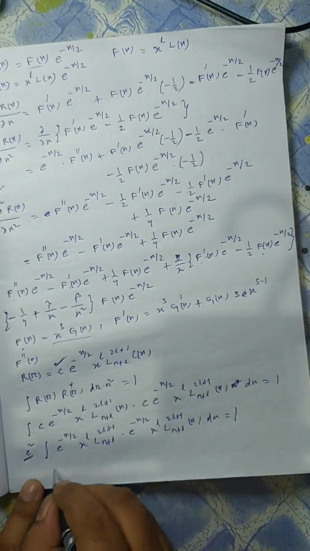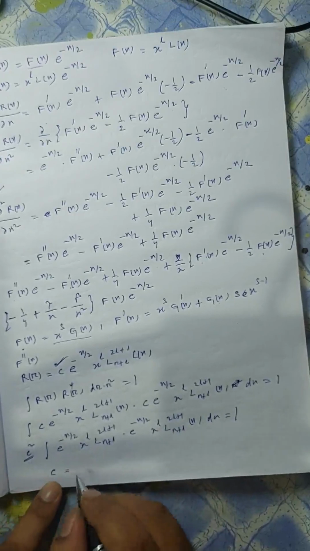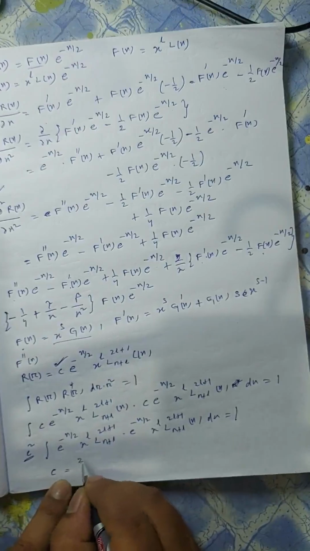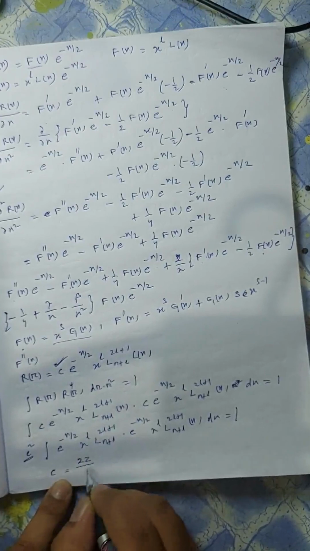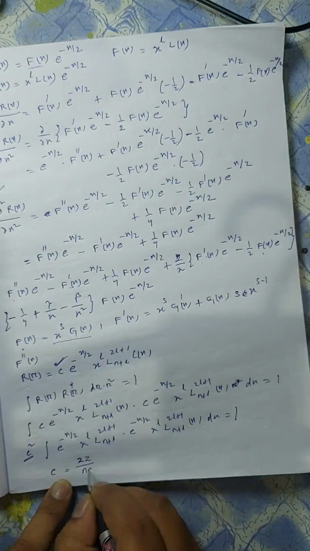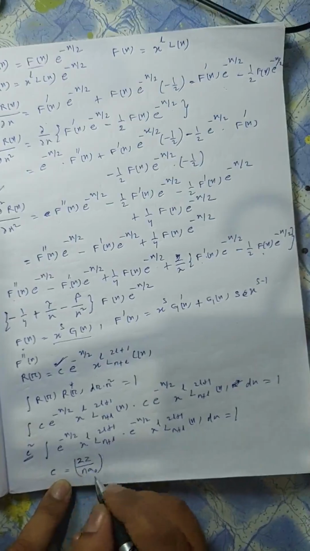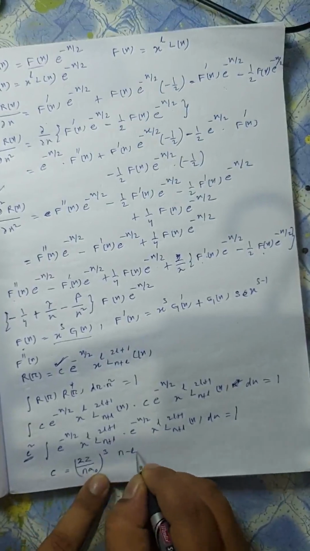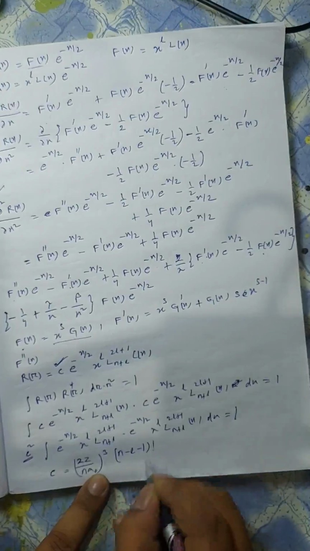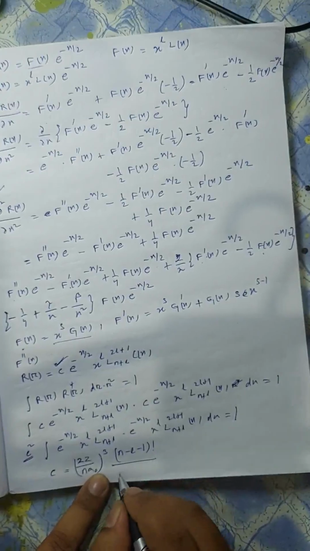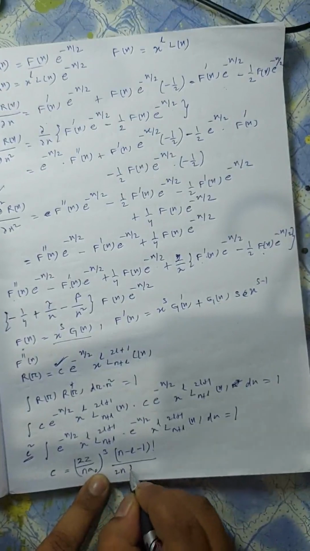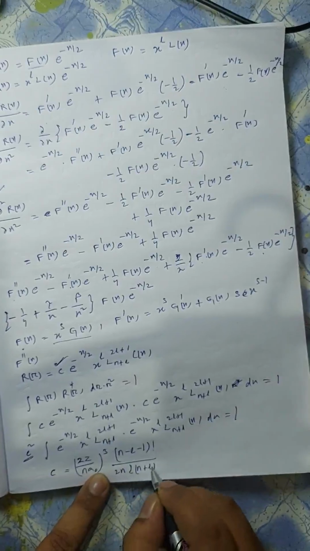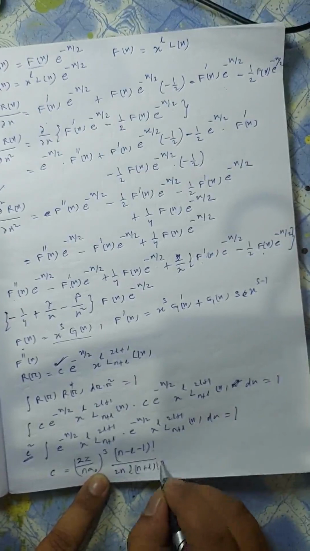After that, you have to find out the value of C. The C value you can get from this equation: 2Z by n a0 whole cube, times (n minus l minus 1) factorial divided by 2n, bracket (n plus l) factorial, bracket n the whole cube.